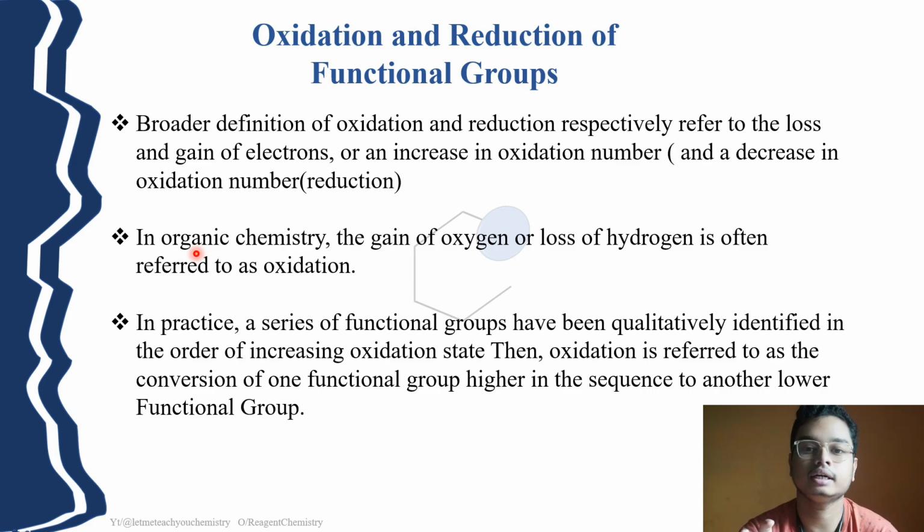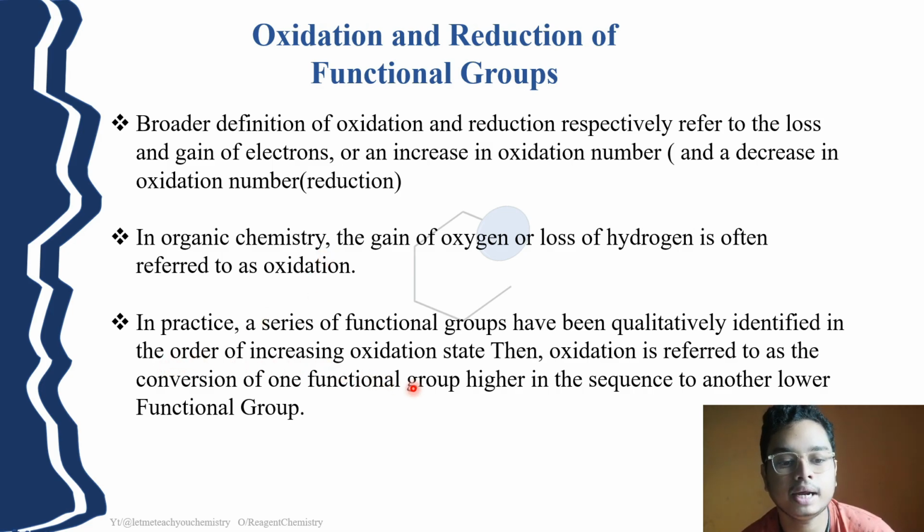Now, from the organic chemistry point of view, it is a little bit different. In organic chemistry, if any compound has gained oxygen, then we say it is an oxidation. And also if the compound loses hydrogen, then it is also called an oxidation.